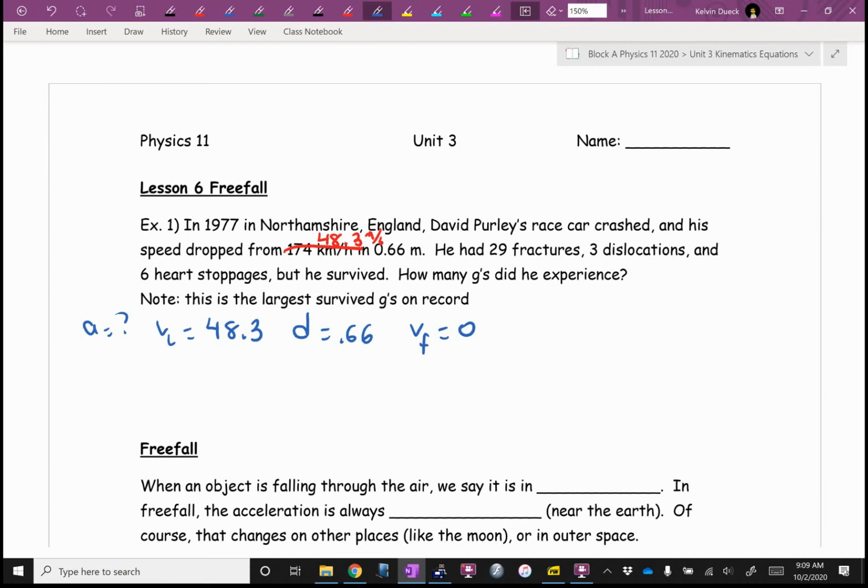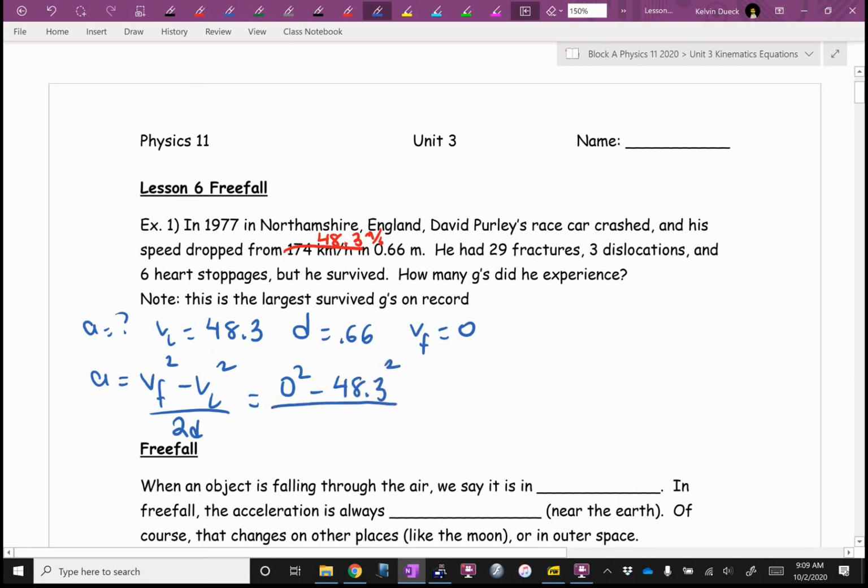Yes. Get the A by itself. Thank you. VF squared. Keep going. So it's going to be 0 squared minus, I'm going to write 48.3, but you know I'm using my answer button.